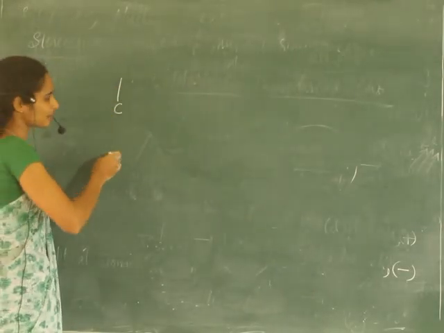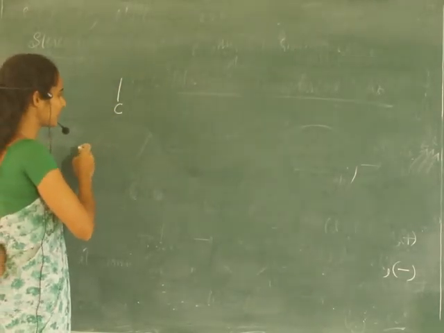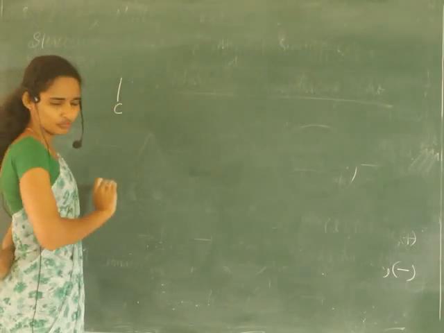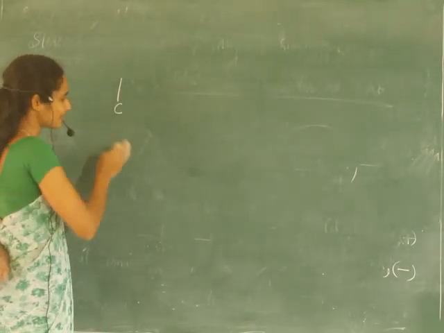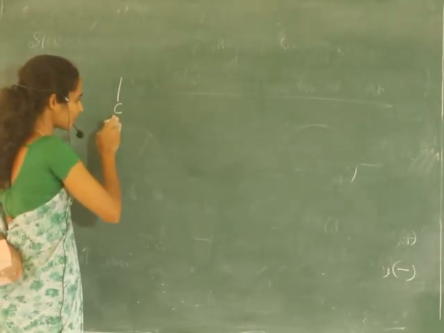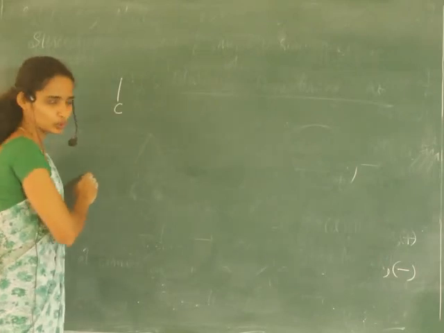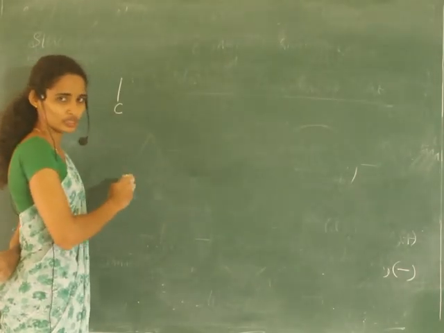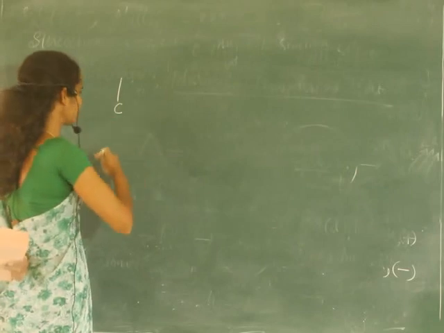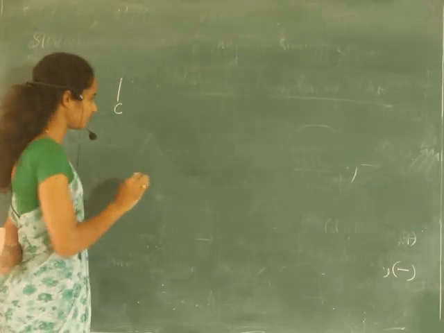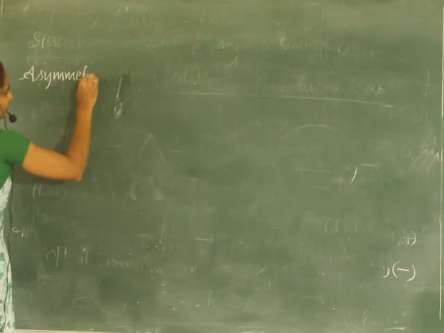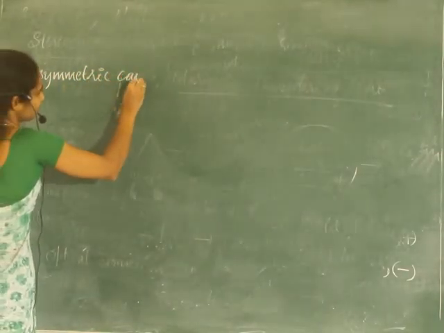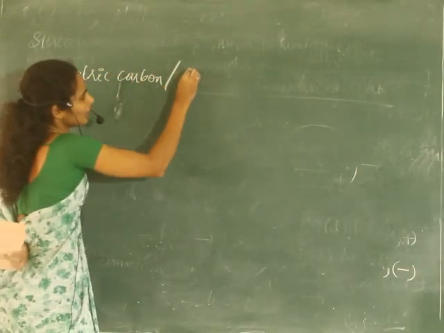Its valence is 4, hence if it contains 4 different groups, then it is called, remember, an asymmetric carbon or chiral carbon.